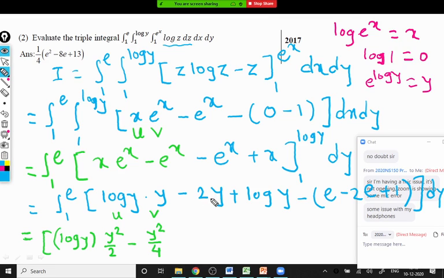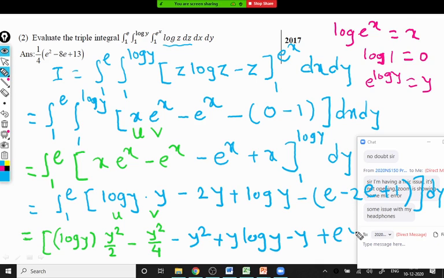Now integration of this term, minus 2y. Is it y minus y square? Plus y log y minus y. Yes, y log y minus y. This is a minus e, plus 2e, so it is a plus ey.